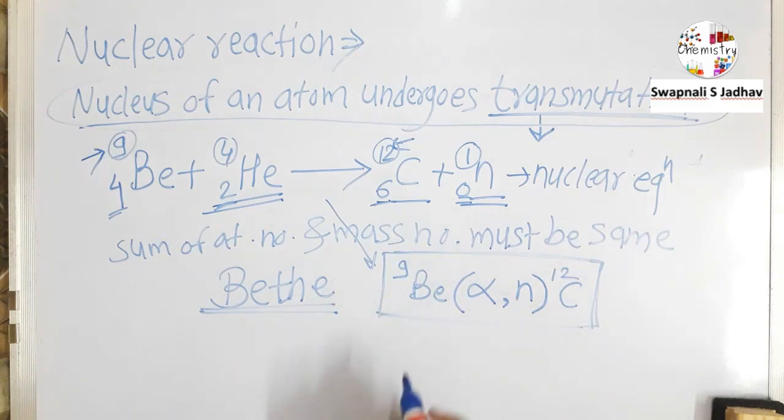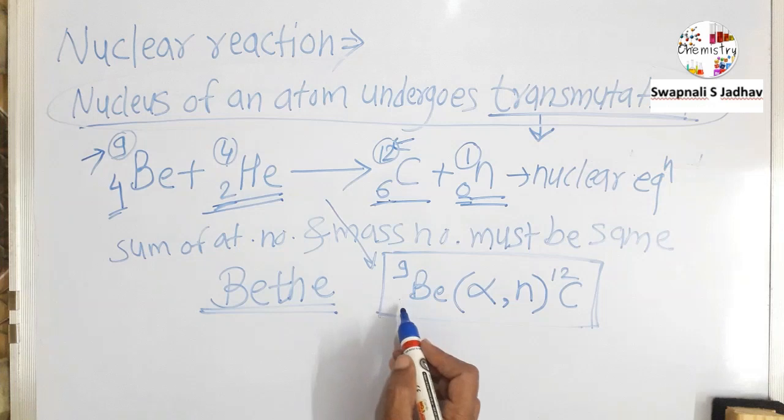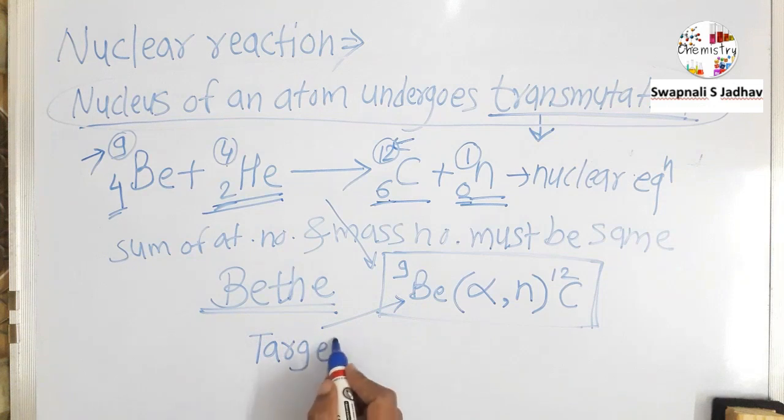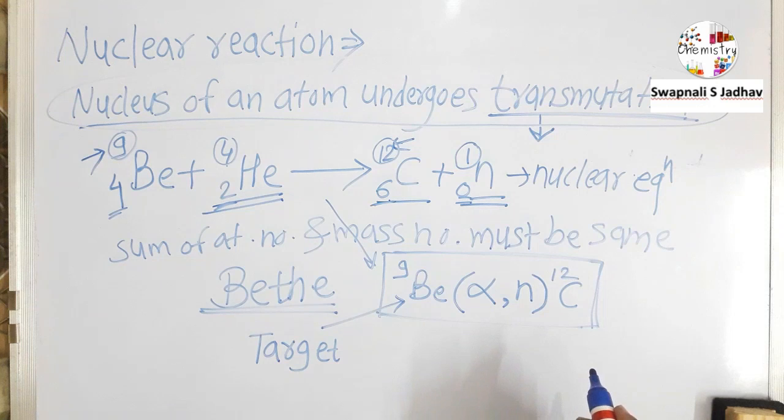Okay, here beryllium 9 is known as the target nucleus. What is meant by target nucleus?